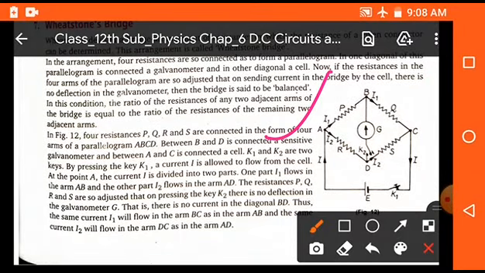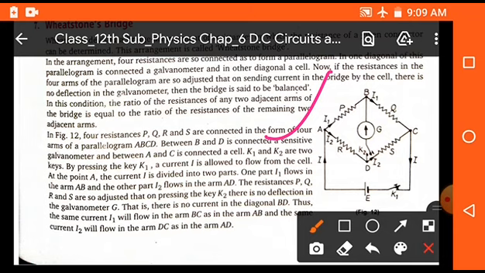So in this diagram, P, Q, R and S are four resistances which are connected in the sides of a parallelogram, and the 2 points A and C of the parallelogram are directly connected to the EMF and a key, and the other 2 points B and D are connected with the help of a galvanometer and key K2.